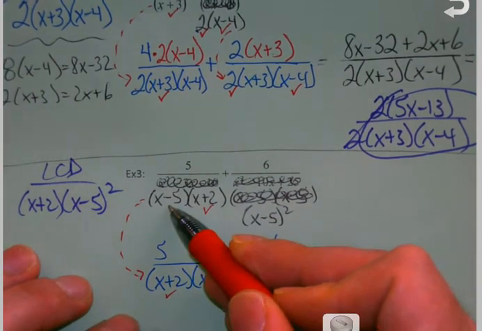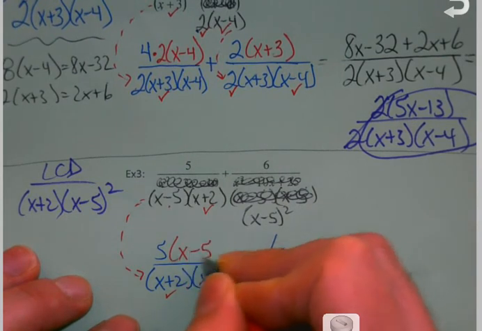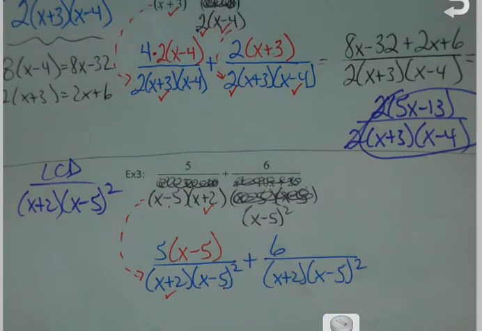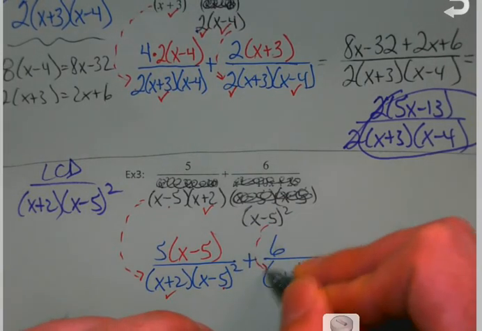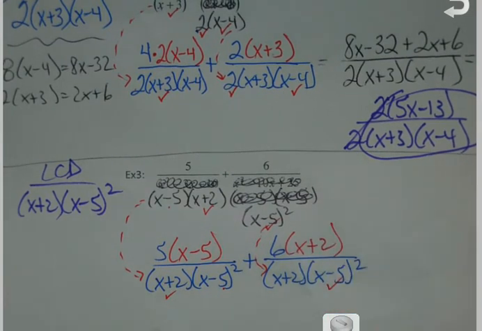I have one x minus 5, but I need 2 of them. And again, if working this horizontally like we did up in the first one is a better route for you, by all means do it, okay? There's no correct way. It's got to be the way that you find that works for you. And then finally here, I have the x minus 5 squared. I need the x plus 2.